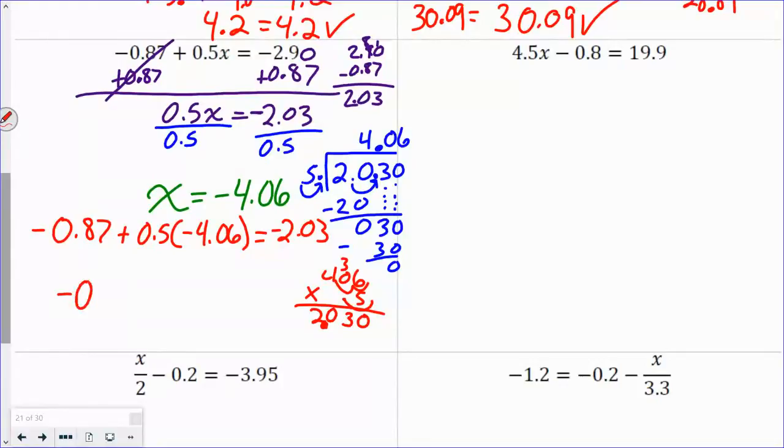We have a negative O. I wrote the wrong one right here. Oh, my O3. Oops. See, I just told you we're all human. We make mistakes. I want a negative 290. And negative 203.